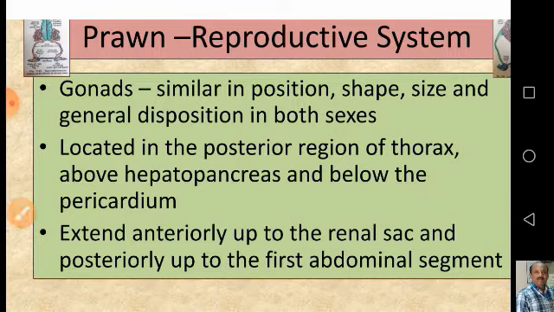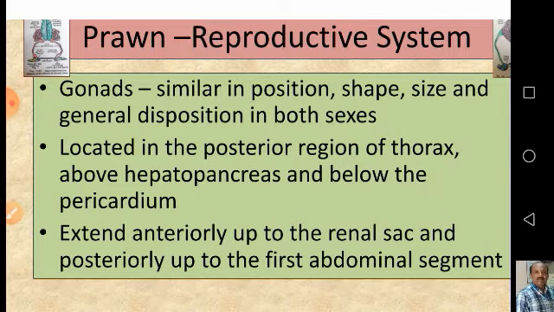Just now we have seen that they are sexually dimorphic, but in the gonads they show some similarities, that is in position, shape, size and general appearance. In both sexes the gonads are alike.